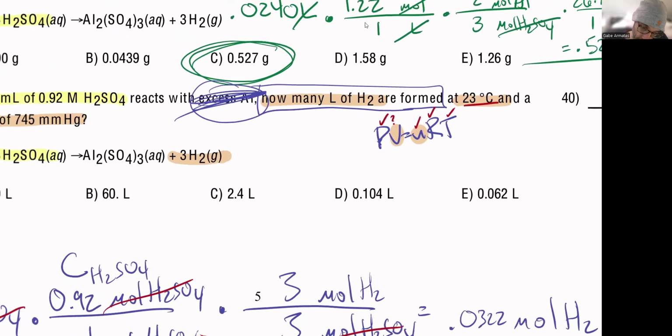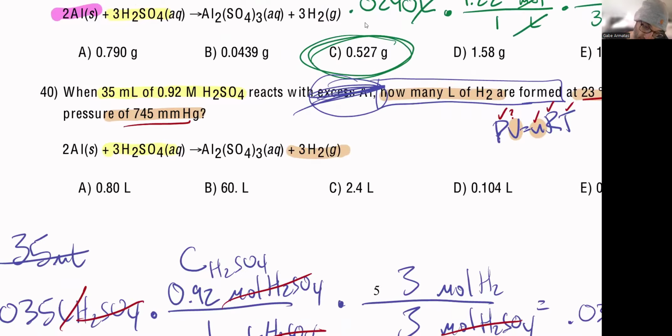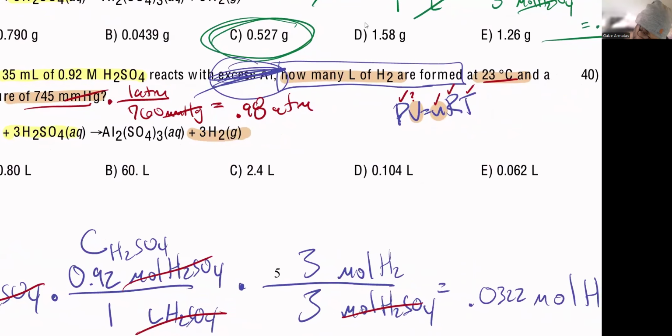My pressure, by the way, 745 times a fraction, I need to convert this to atmospheres. We always need to convert it to atmospheres. Millimeters of mercury cancels. I'm left with atmospheres. 745 divided by 760 gives me 0.980. So 0.98 atmospheres is my pressure.